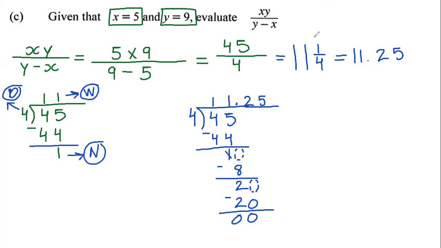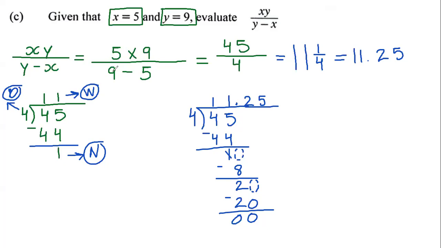Okay, good. Do y'all understand how I got this? Let me know, please. Yes, sir. So all we basically did was substitute. Wherever I see X, I put 5. Wherever I see Y, I put 9.